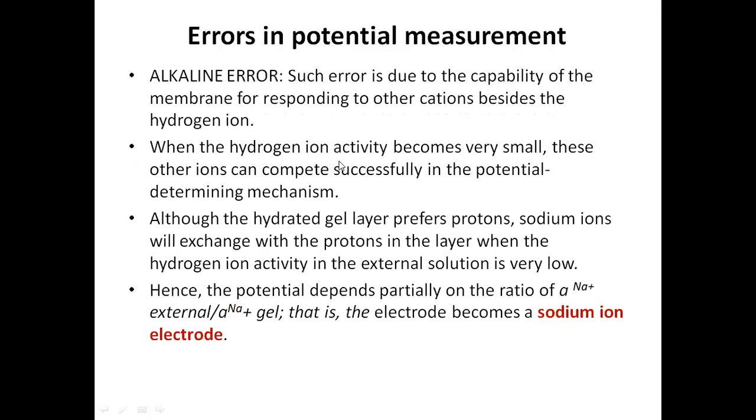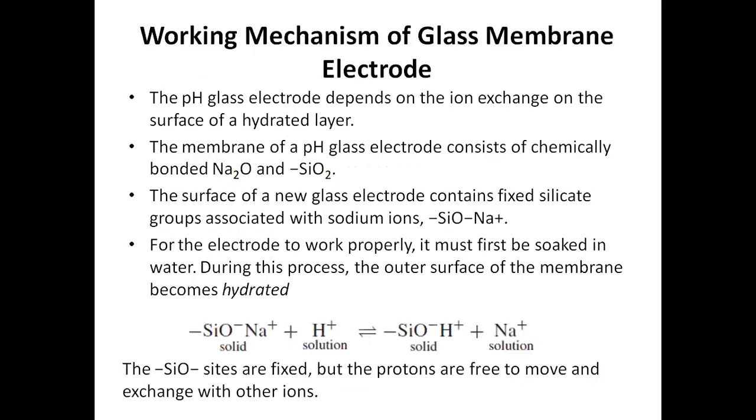Again, these two potentials are very important while we explain the mechanism. You have to remember three things in the mechanism. First, when we put our glass electrode, which is made of sodium silicate, or sodium oxide and silicon oxide, into water to hydrate it, the sodium in the sodium silicate can be exchanged by the hydronium ion or proton.